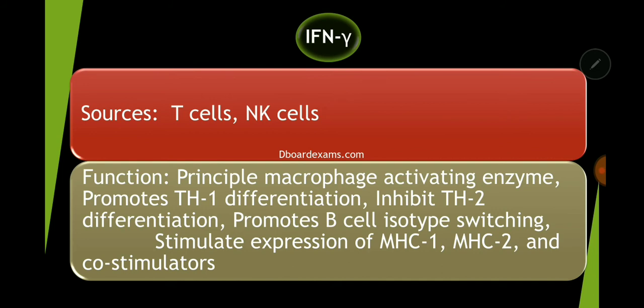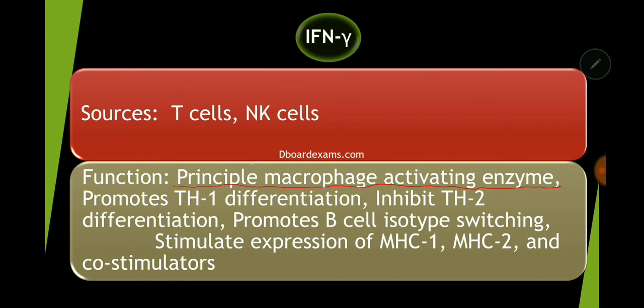All right. So interferon gamma, usually the source for this one is T cells and natural killer or NK cells, and the function of interferon gamma is activation of macrophage proliferation.